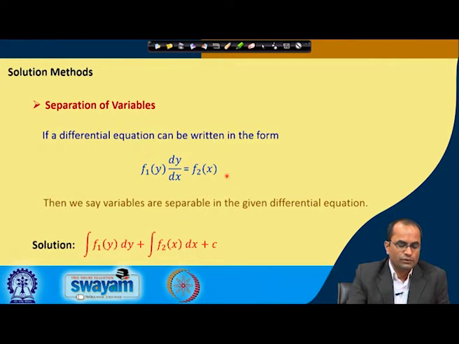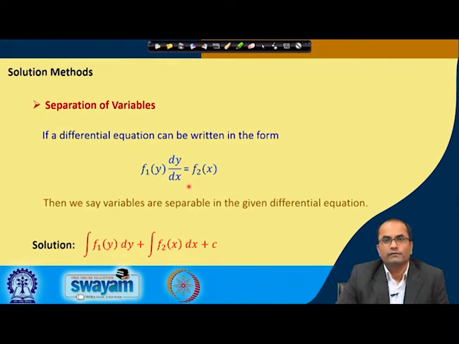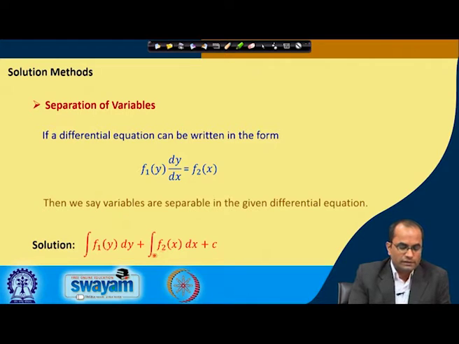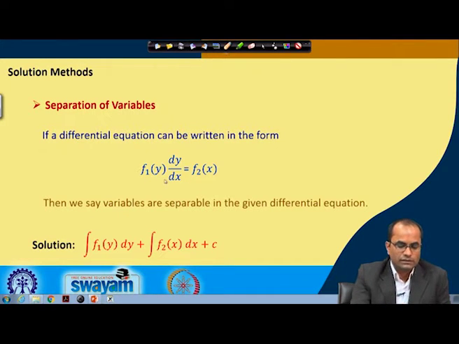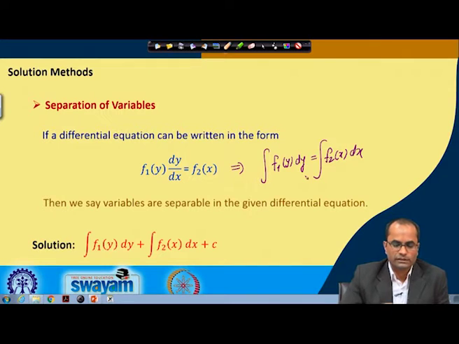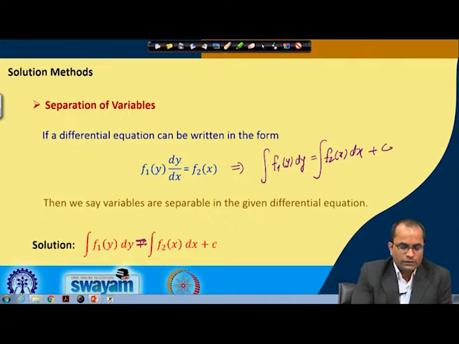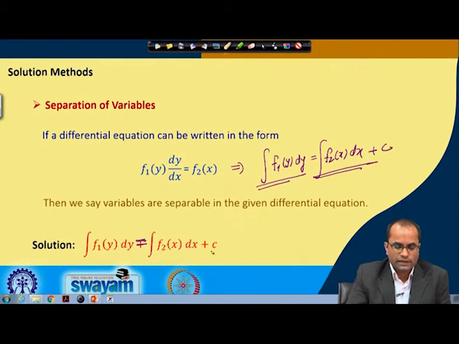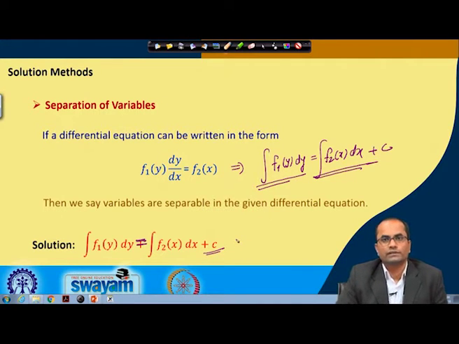Once we separate the variables, the solution can be written by first writing the equation as f1(y) dy is equal to f2(x) dx, and then simply integrating with a constant of integration. So, f1(y) dy is equal to f2(x) dx plus a constant of integration.